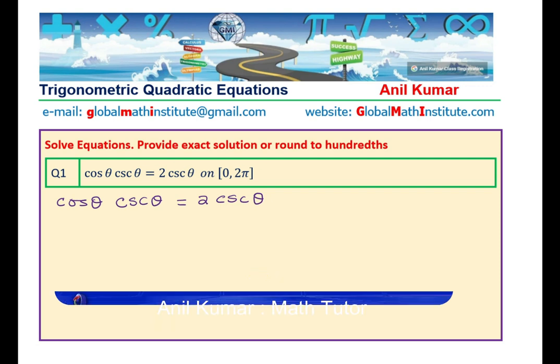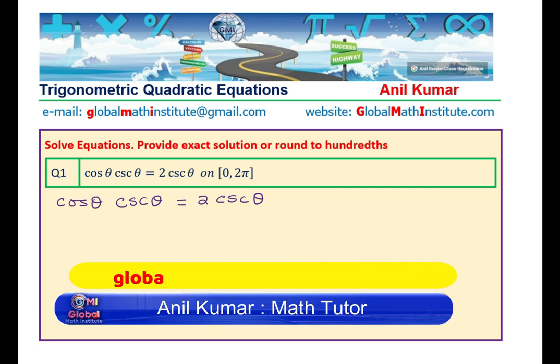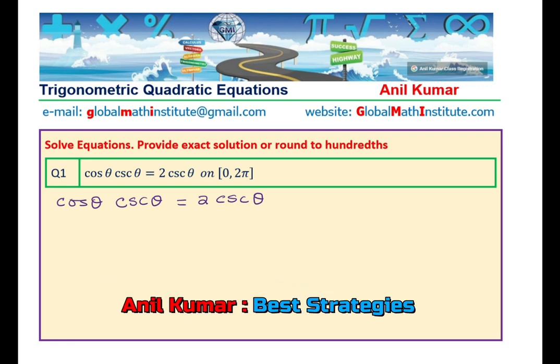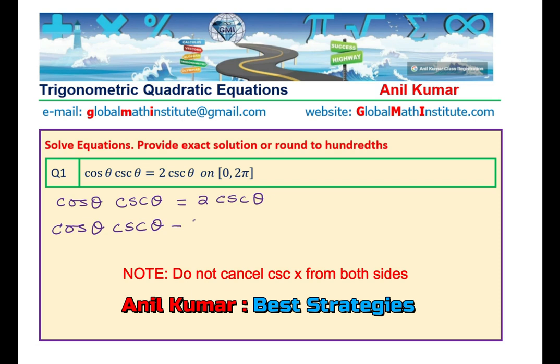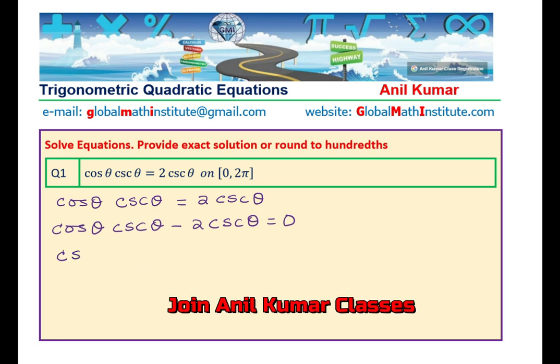Now at this stage, please do not cancel cosecant theta since that will be a mistake, eliminating a few solutions. We'll see it soon. Bring the terms together. So rewrite as cos theta cosecant theta minus 2 cosecant theta equals 0. Now cosecant theta is common.